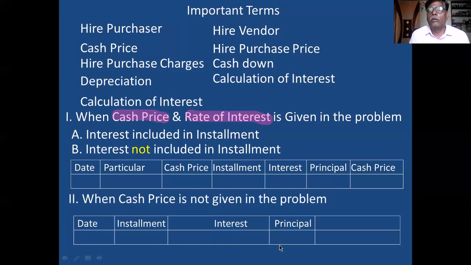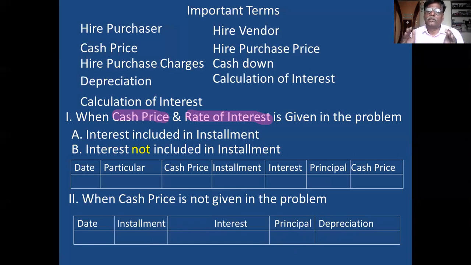This principal column is calculated on the basis of installment and interest. Installment minus interest is equal to principal. This is the fourth column. And fifth column is for depreciation. Calculation of depreciation. You draw that column, a long, broad one.